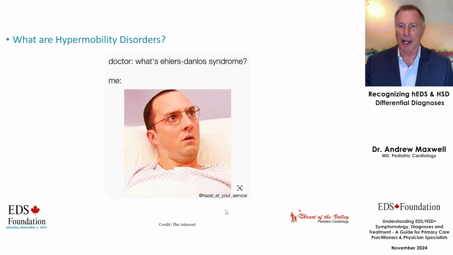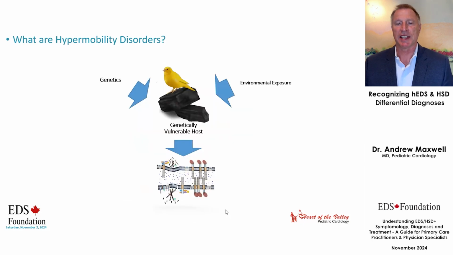Well, I think part of it is understanding that even though we believe it's genetically related, the underpinnings are genetics, that there's a big environmental component. And so these patients tend to be what I would refer to as the canary in the coal mine. These are genetically vulnerable hosts that their conditions are brought out further, at least, by elements of the environment.